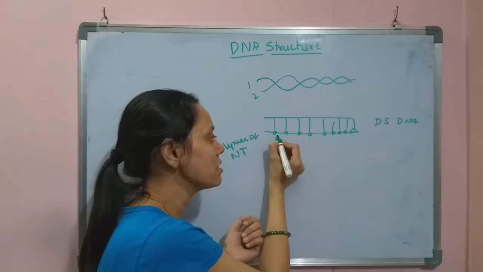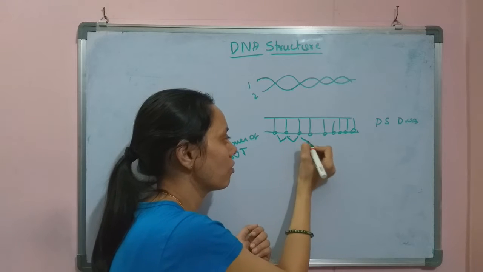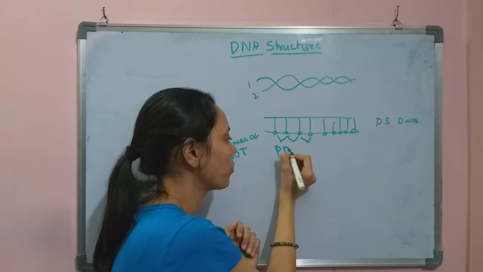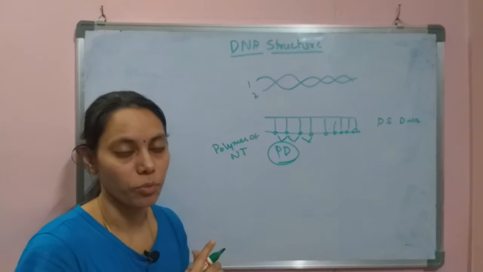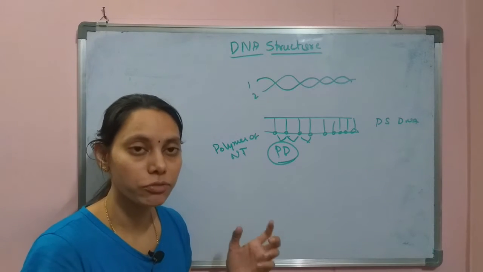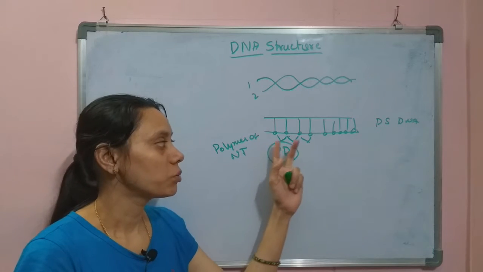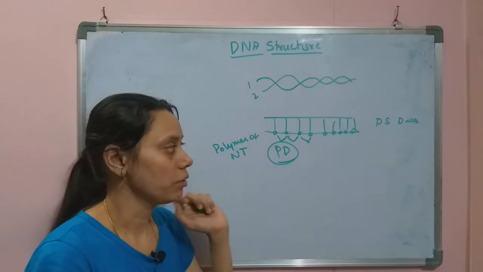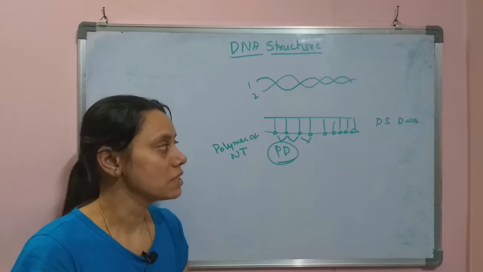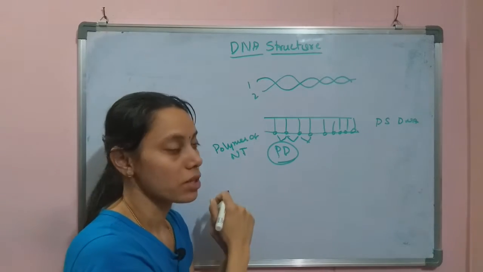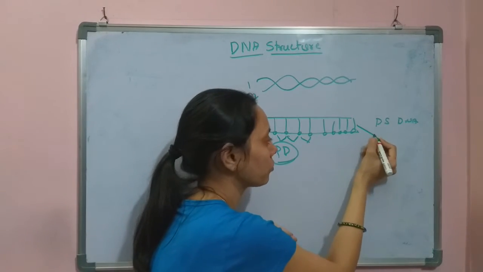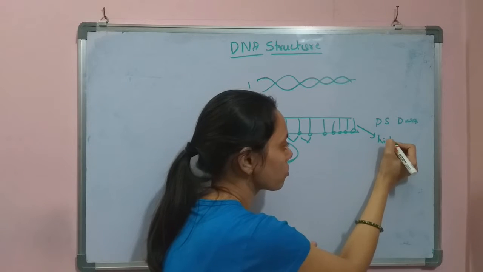These nucleotides are combined together by phosphodiester bonds. Phosphodiester bonds are responsible for stitching these nucleotides together. That means between two adjacent nucleotides you will find a phosphodiester bond. Likewise, these two strands are stitched together by hydrogen bonds.